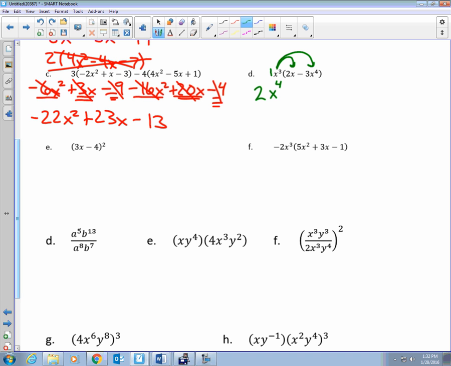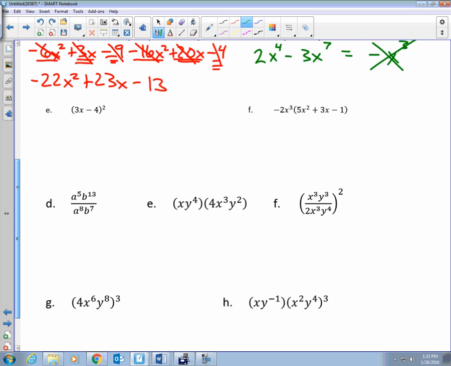If you don't see an exponent, then the exponent is 1. Minus 3 times x to the 7th. Can I combine 2x to the 4th minus 3x to the 7th and get negative 1x to the 3rd? No. That's voodoo math. We don't do voodoo math, okay? You can make everything up all you want, and that just doesn't work out.